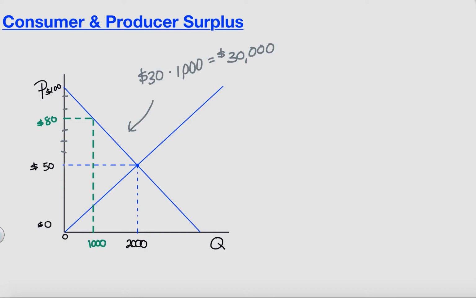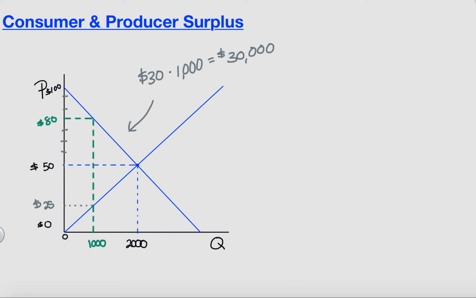They don't have to sell them for $25 a pair, but let's say that 1,000 pairs of shoes would be sold if they were $25 a pair. That means that producers don't have to sell them at $25; they get to sell them at $50 a pair. That means that we are able to see producers gaining from markets being in equilibrium instead of being at the lowest price that they would be willing to sell for.